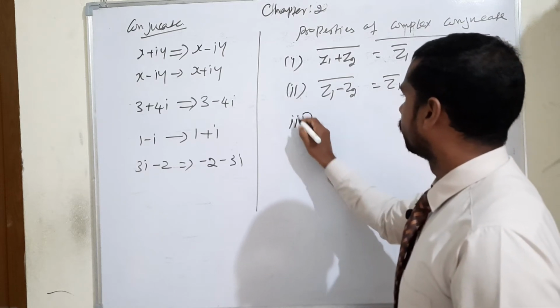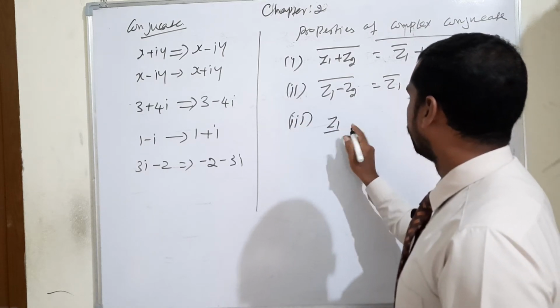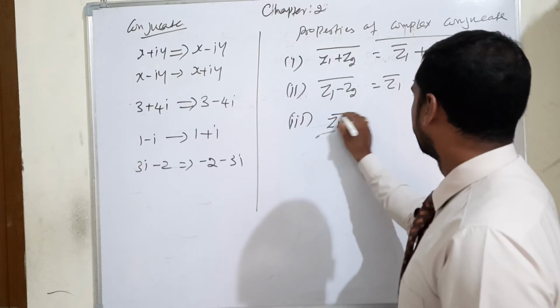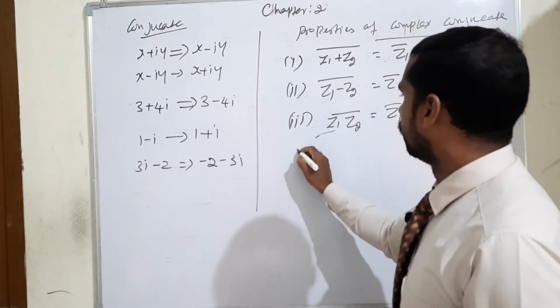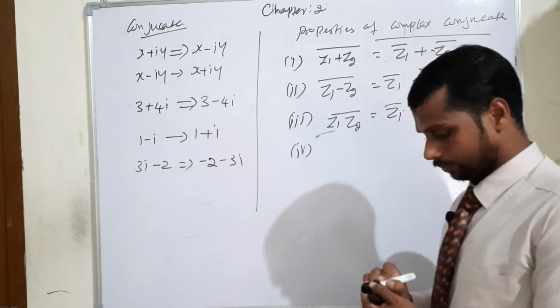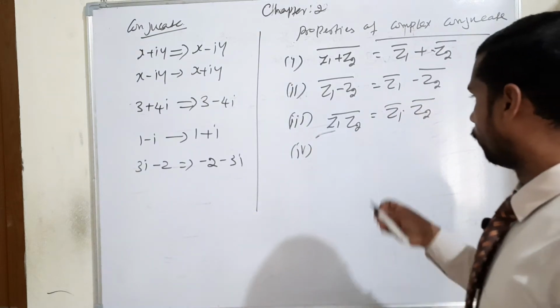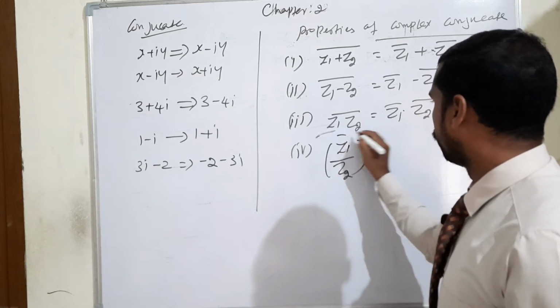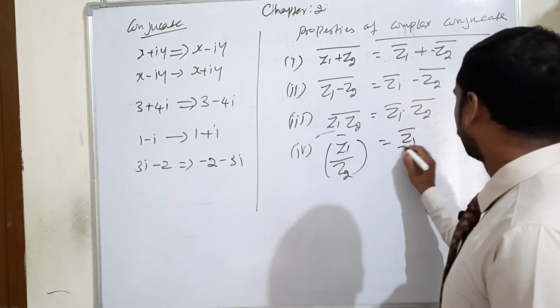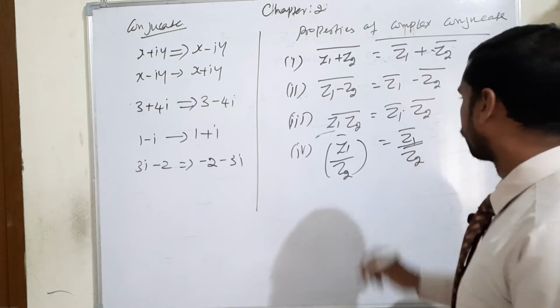Property number 3: Z1 into Z2 whole bar means Z1 bar into Z2 bar. Property number 4: Z1 by Z2 the whole bar is equal to Z1 bar by Z2 bar.